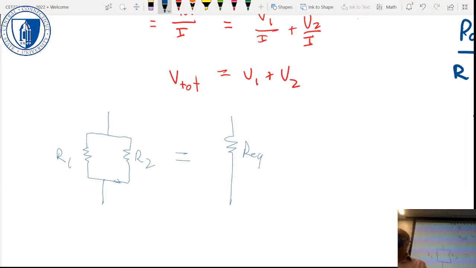That's one way to write it. Another way to write it is just, or another way to write it is the same here.